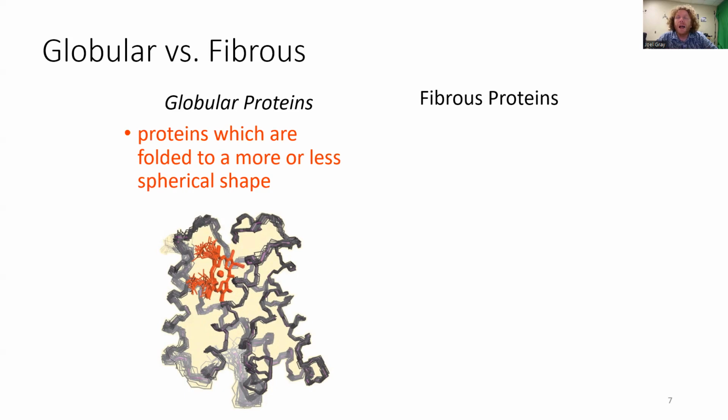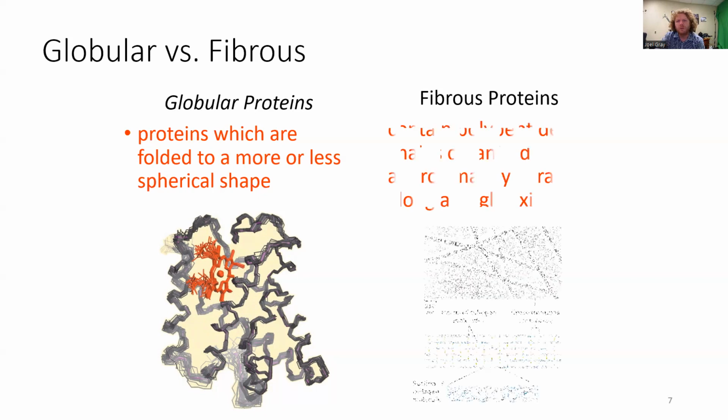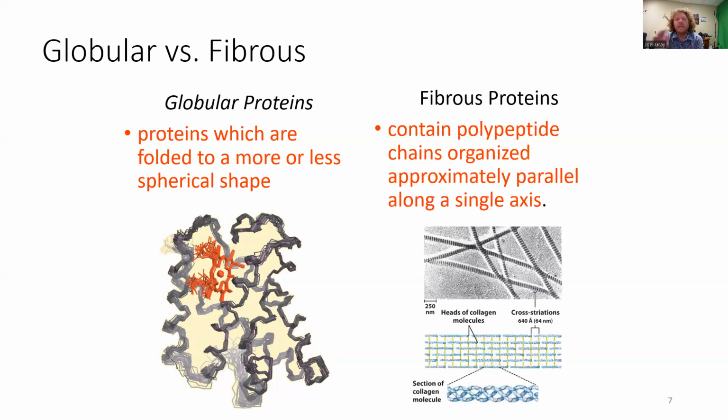And I personally think about fibrous versus globular proteins, and I kind of define a fibrous protein first and then say anything that doesn't have this shape is a globular protein. So fibrous proteins contain polypeptide chains organized approximately parallel along a single axis.